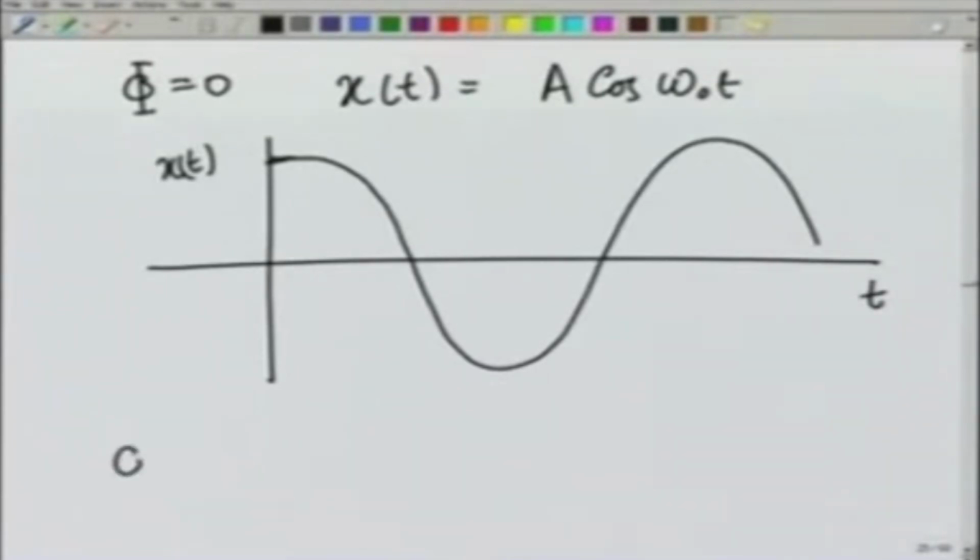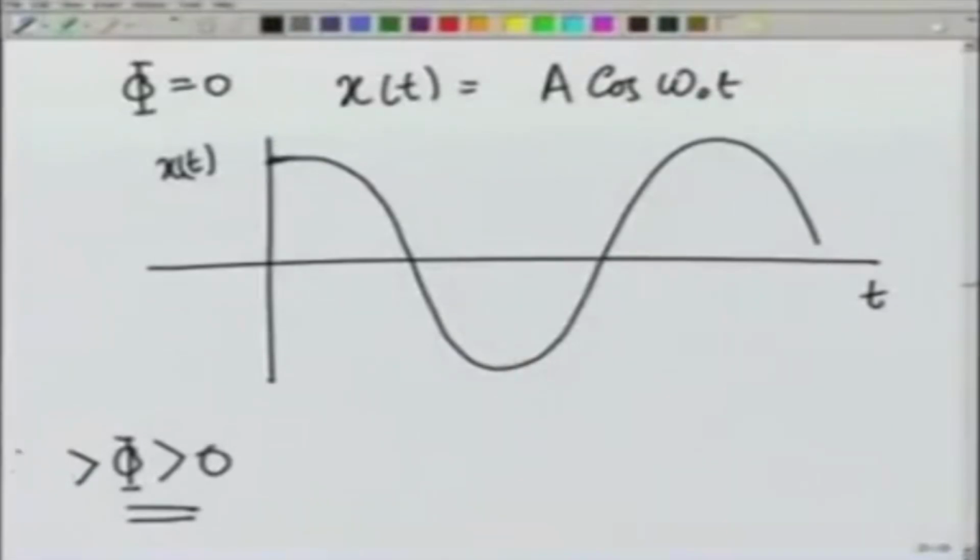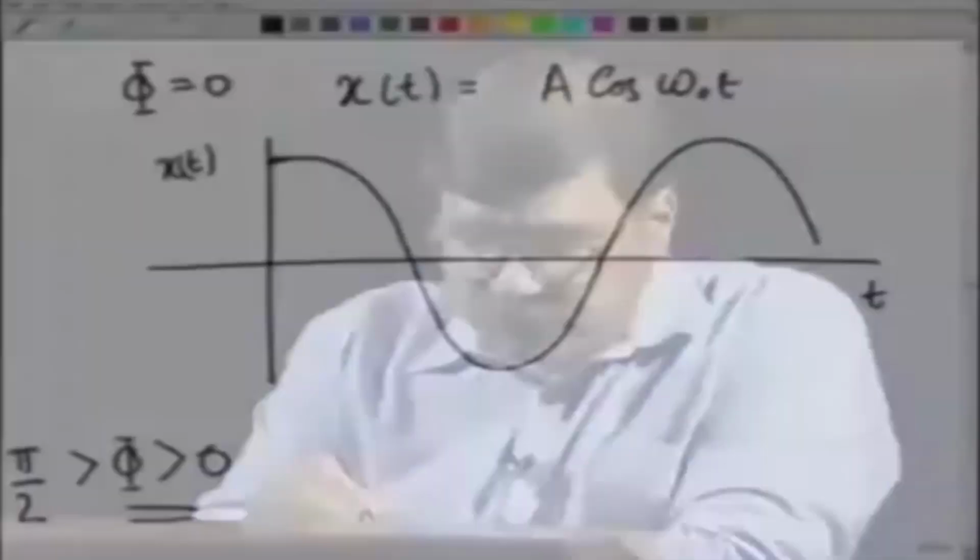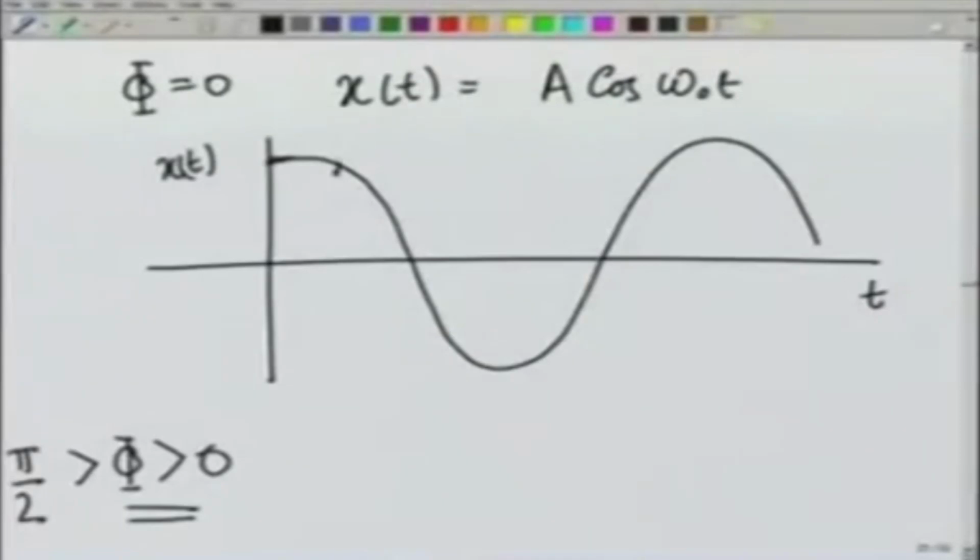What happens in the case when phi is greater than 0? If phi is greater than 0, and let us first take the case of it being less than pi by 2. In that case, the motion starts at t equal to 0, such that it would have already achieved a phase that it had at a little later time in the case of phi being 0.